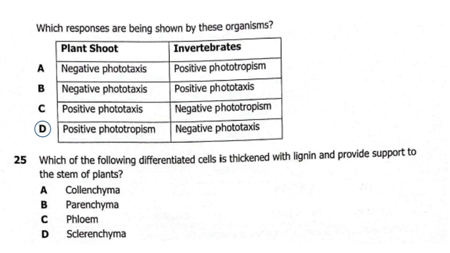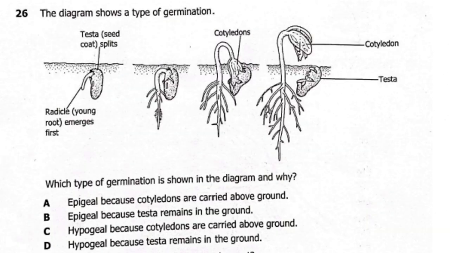Question 25. Which of the following differentiated cells is thickened with lignin and provides support to the stem of plants? A. Parenchyma. B. Parenchyma. C. Phloem. D. Sclerenchyma. The correct answer here is D. Sclerenchyma cells. Question 26. The diagram shows a type of germination. Which type of germination is shown in the diagram and why?